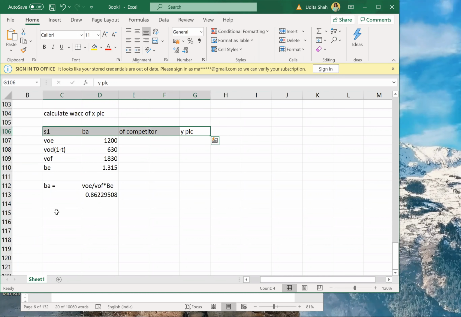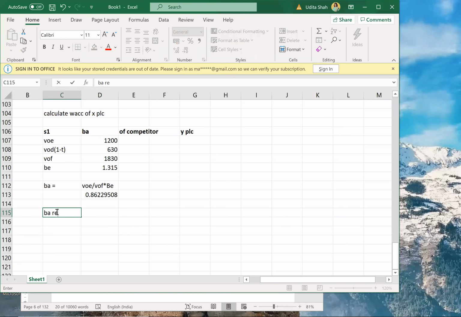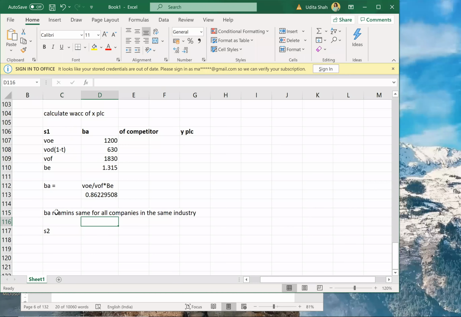Okay, again I'll add the same line. Beta of asset remains the same for all companies in the same industry. So step two, what am I going to calculate? Beta of asset of XPLC.